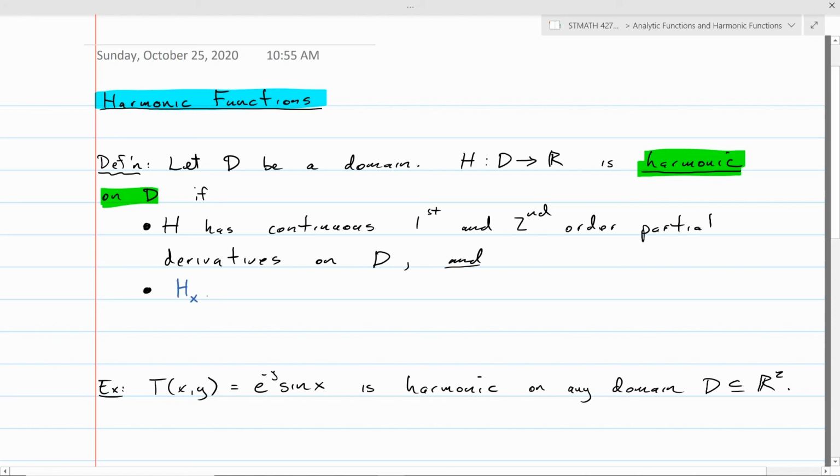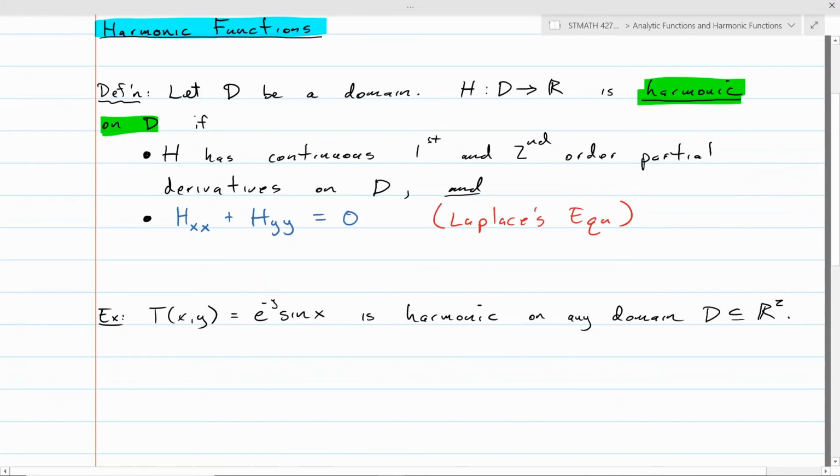It's the second order partial hxx plus the second order partial hyy. That needs to equal 0. That equation is called Laplace's equation. My very minimal understanding of the physical aspect of this is that I think Laplace's equation describes some sort of equilibrium that the function has on the domain.